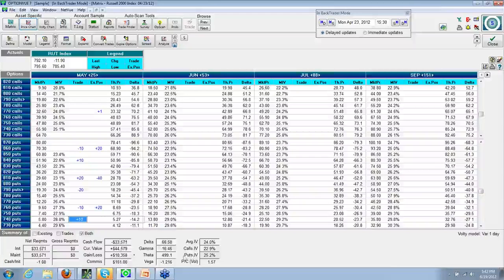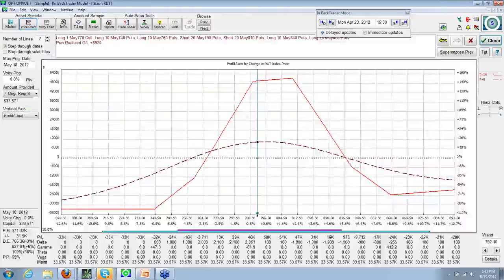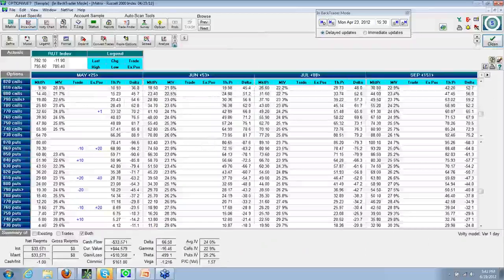All right, that cuts my delta to 66. Let's just see what our analyzed graph looks like here. I kind of like that, right? So that puts me in a nice central position. The Greeks are excellent. That's nice. Okay, so let's just convert that.